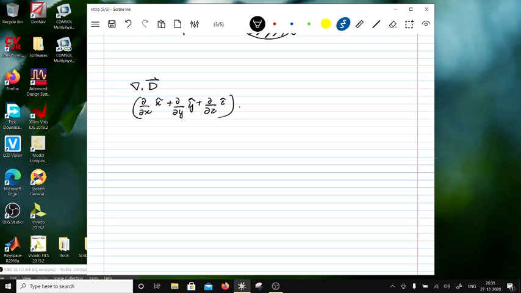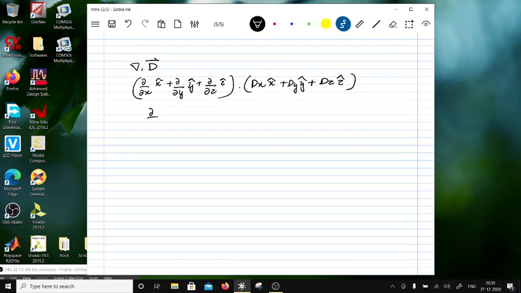Divergence of D would be the inner product with Dx x plus Dy y plus Dz z, where the cap means unit vectors. Then this will be dou Dx by dou x plus dou Dy by dou y plus dou Dz by dou z. So this will be divergence of D.